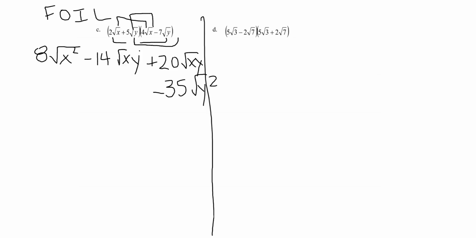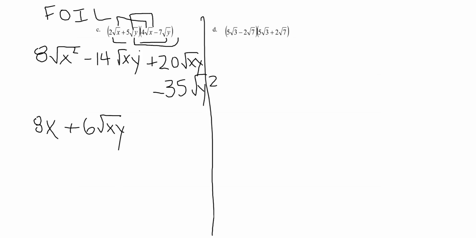When I go to simplify this, if you notice, the square root of x squared is x, so that can simplify to 8x. My middle two terms, I have negative 14 square root xy and positive 20 square root xy. If I combine negative 14 plus 20, I will get a positive 6, and I'll keep my square root xy.